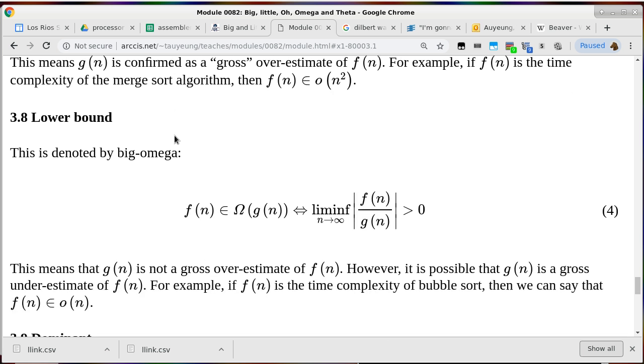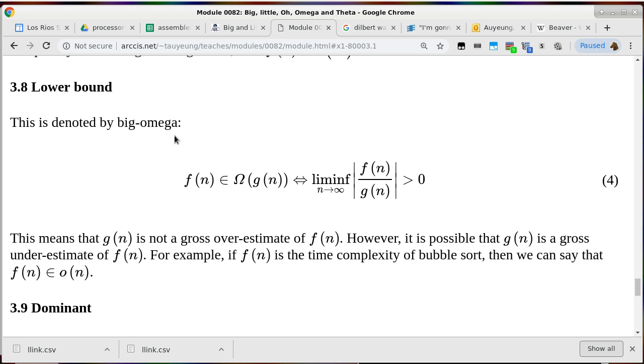So now we have the lower bound definition. The lower bound definition is looking at the ratio again, and this time it's asking, well, is it at least 0? Excuse me, let me take it back. At least 0 means it's greater than or equal to 0. This one is greater than 0.